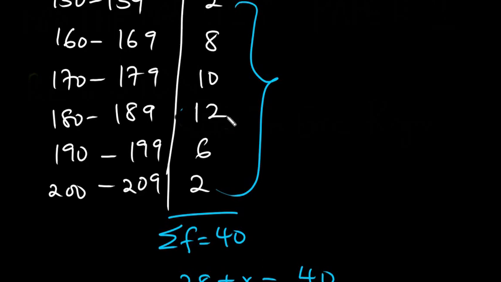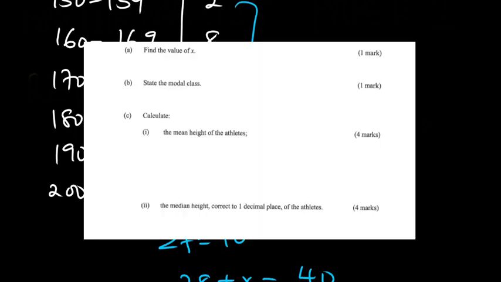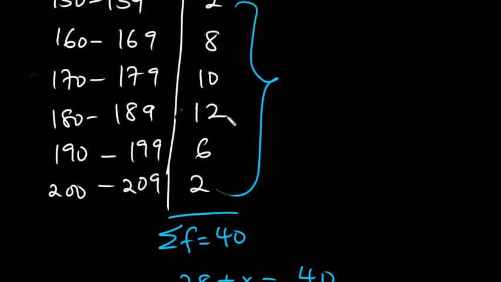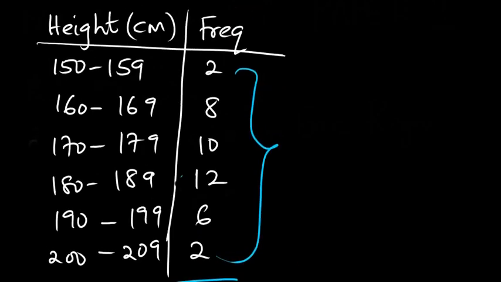So let's move on to the second part of that question. It states: state the modal class. So what do we mean by the modal class? When we talk about the modal class, we mean the class that has got the highest frequency.